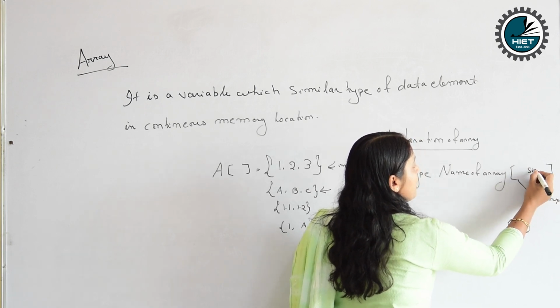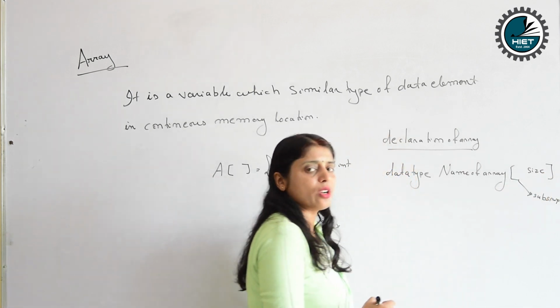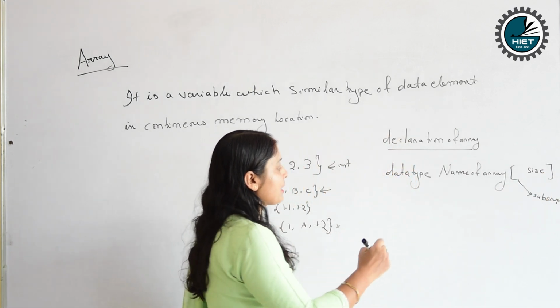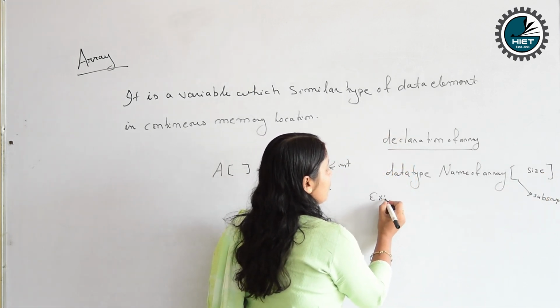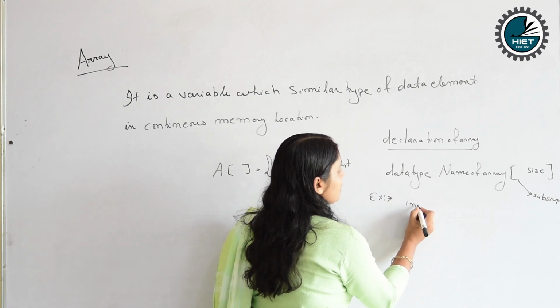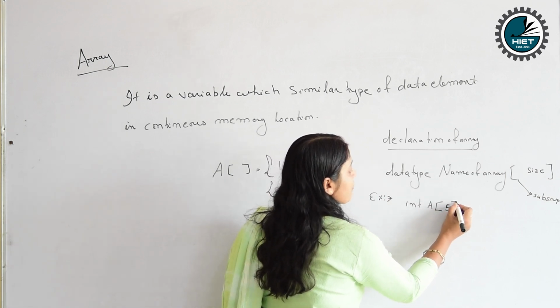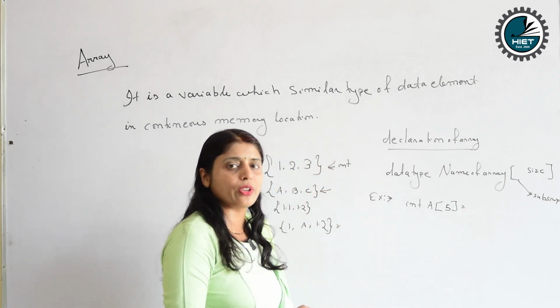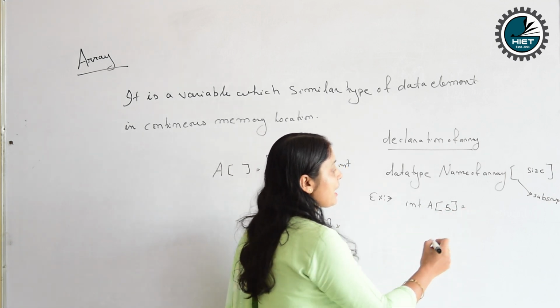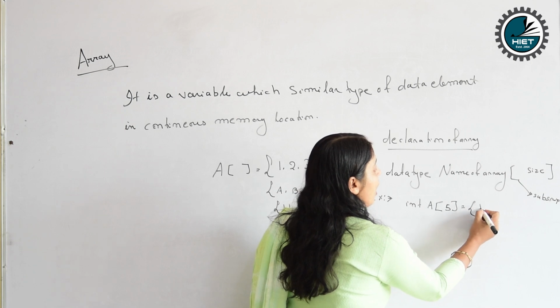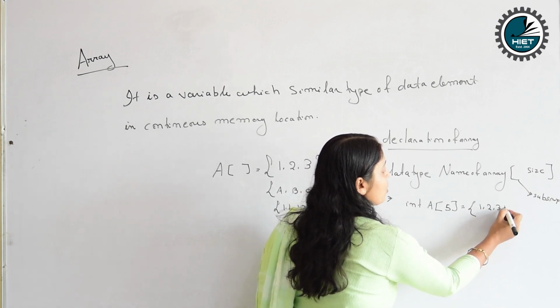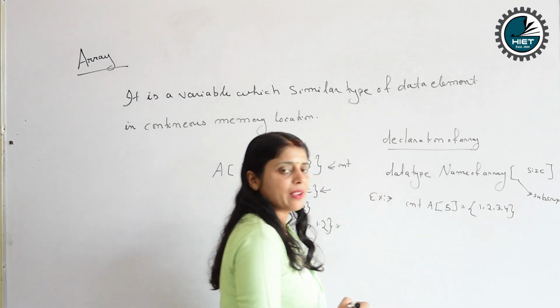Here we specify the size of the array. For example, we can write int a, then size will be 5. It means we are storing 5 elements inside the array. This says how many elements you are storing inside the array.